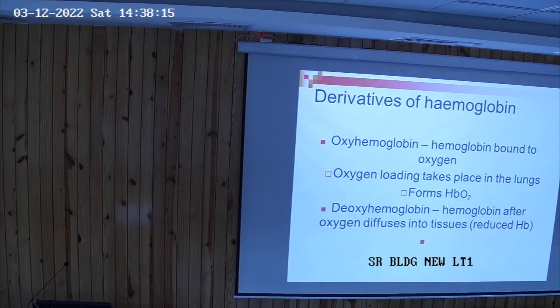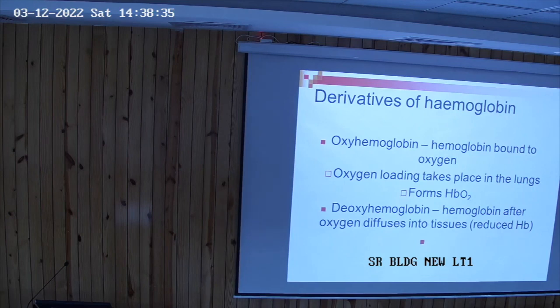Now this hemoglobin has a dissociation curve. This dissociation depends on a number of factors. One of the factors which determine the oxygen dissociation curve is 2,3-diphosphoglycerate. What is this? This is a byproduct of metabolism of glucose which is present in the RBC.